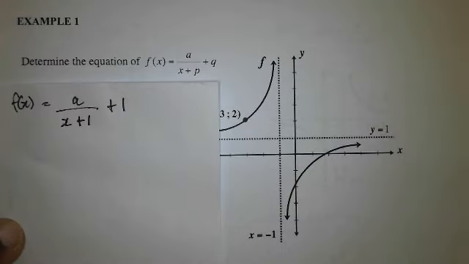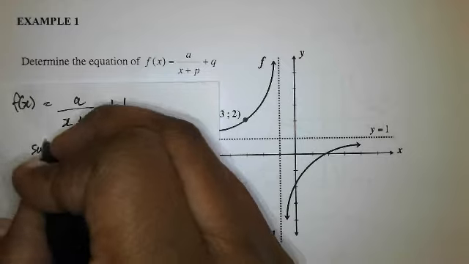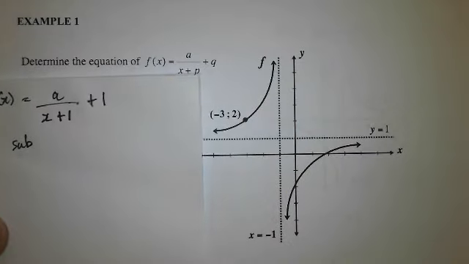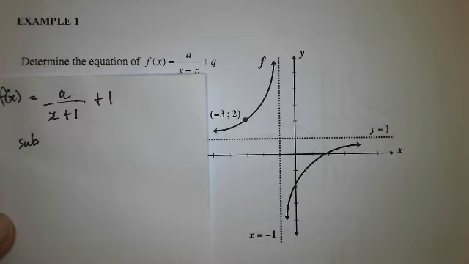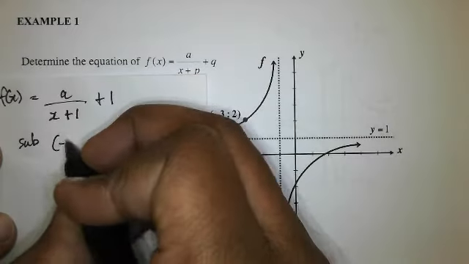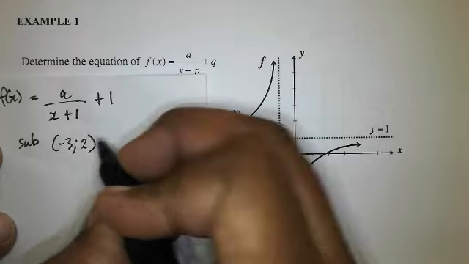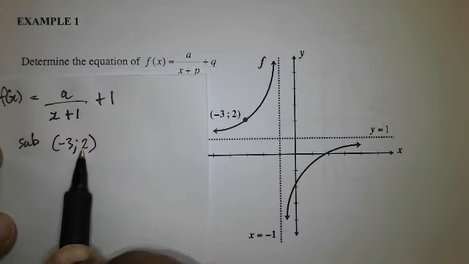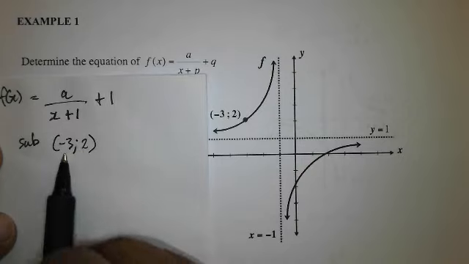Obviously we're going to sub. This point, I think you can see from your notes already, it's actually -3 and 2. So we're going to sub that. Where there is y, we're going to replace with 2. Where there is x, we're going to replace with -3.